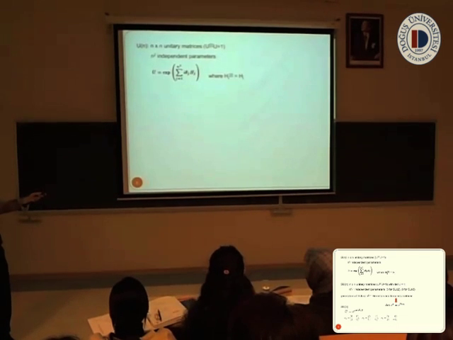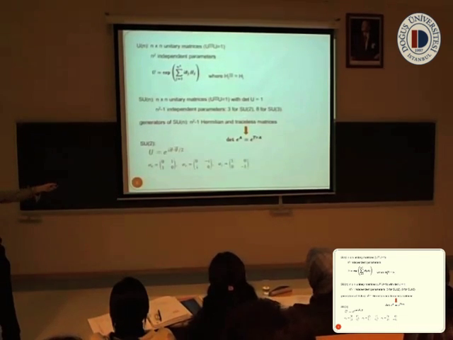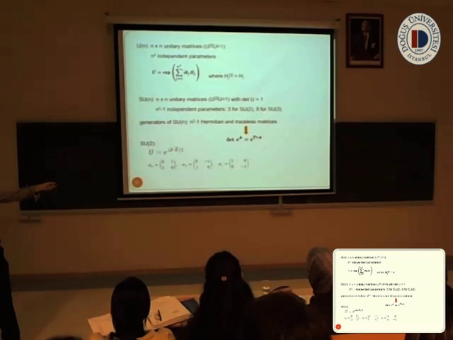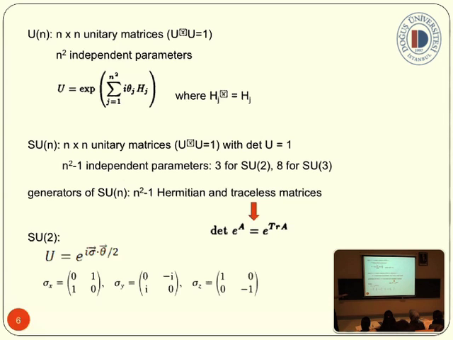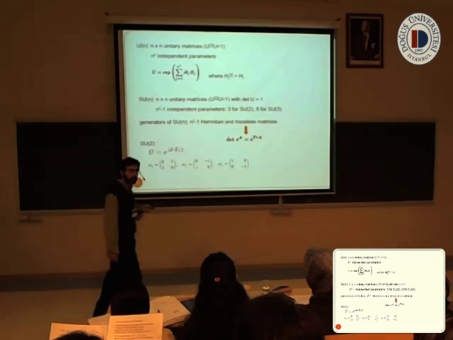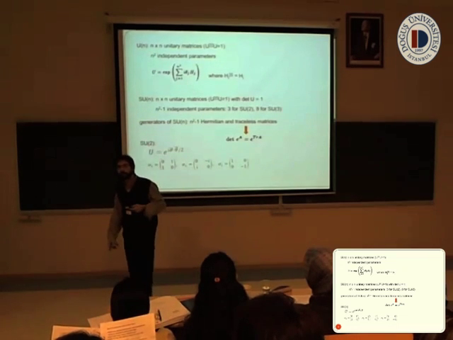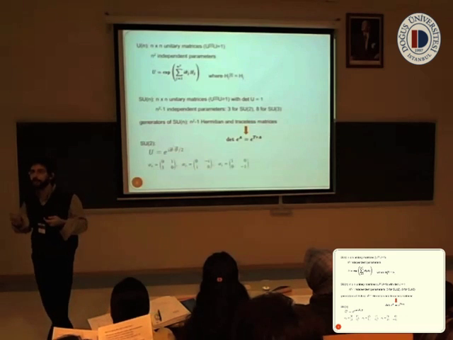3 for SU2, 3 square minus 1, or 8 for SU3. Right? These generators will be Hermitian, because, well, you see, for U to be unitary, for U dagger times U to be 1, H must be Hermitian. H dagger must be H. And the condition of being traceless corresponds to determinant being equal to 1.